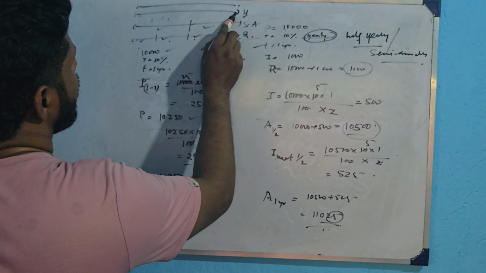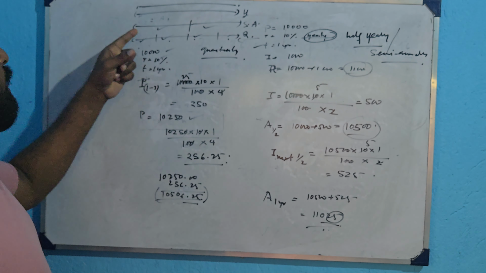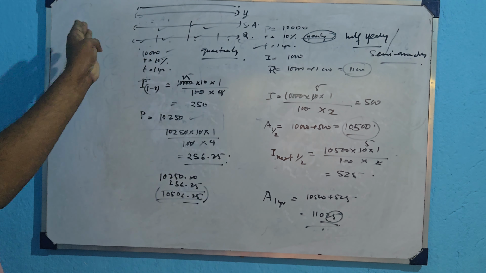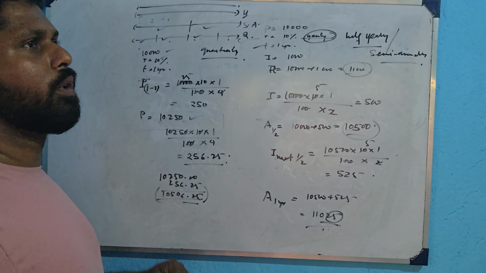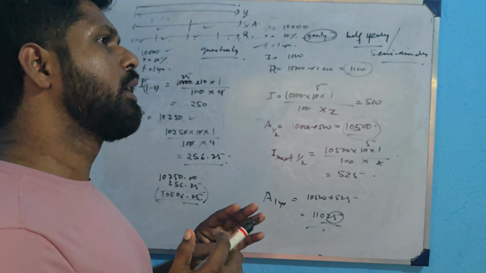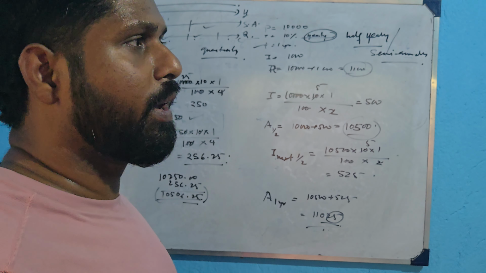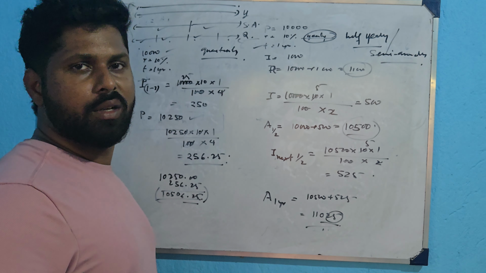The interest you get in yearly is less than that of semi-annually. Semi-annually is also less than that of quarterly, because in quarterly the interest is getting added in short duration. So naturally it will fetch more interest, right?